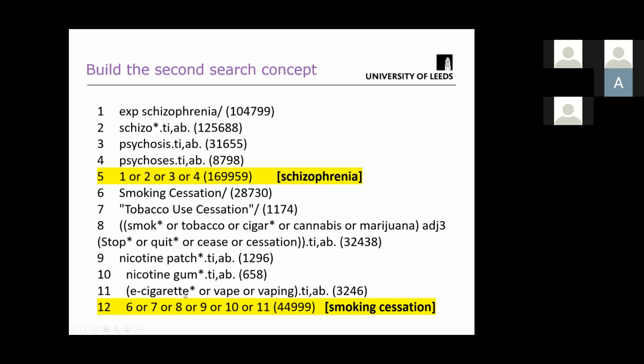And again, I'm thinking there might be terms like e-cigarettes or vapes or vaping. I'm going to combine all of my smoking cessation interventions in another big data set, line number 12. And I've got nearly 45,000 papers just on smoking cessation tools in any population type.